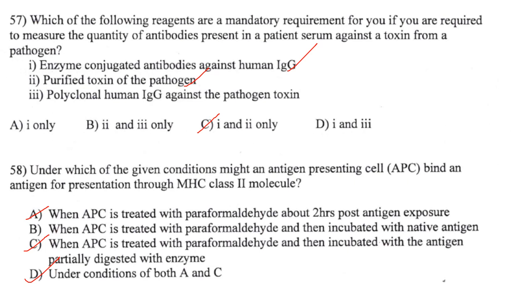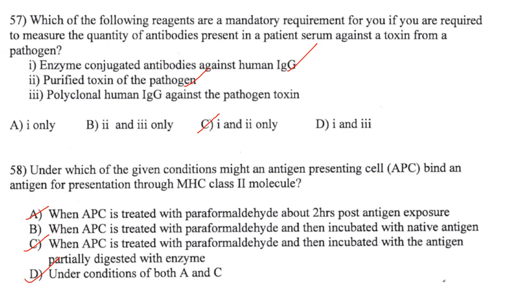The next one. Under which of the given conditions might an antigen presenting cell bind an antigen for presenting through MHC class 2 molecule? So when the APC, that is antigen presenting cell, is treated with paraformaldehyde about 2 hours post antigen exposure. Yes. APC treated with paraformaldehyde and then incubated with native antigen.